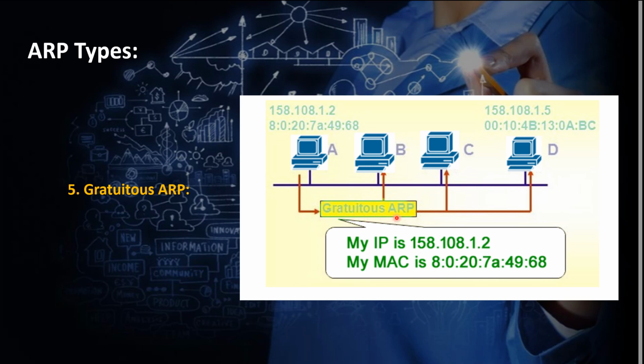Whenever you connect to the network, it sends a GARP to the network, checking whether any other device has the same IP address. If any other device does, it will send you an error message like a duplicate IP address. I will show you in the lab session how it catches a duplicate IP address when we assign the IP address on the router.